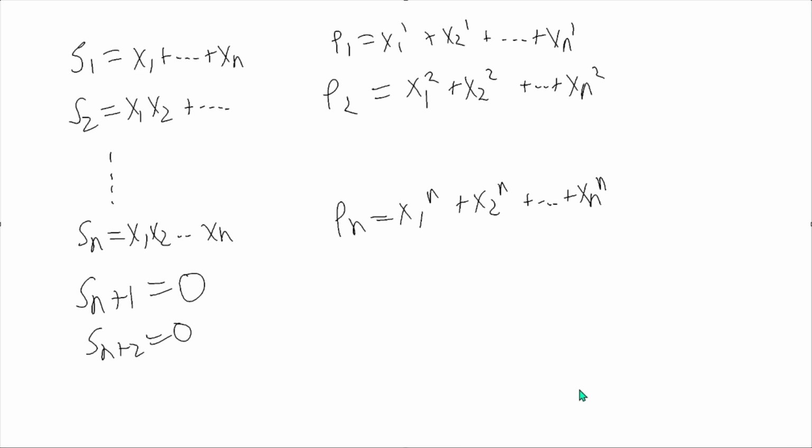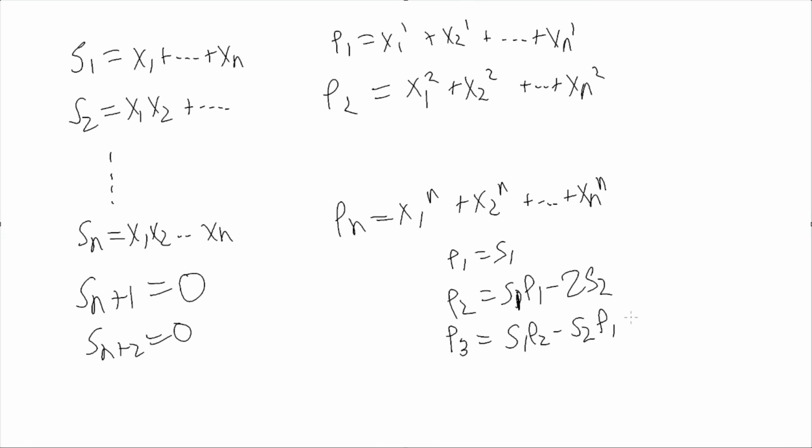Well, as it turns out, we have a very special recurrence. So we have P1 is equal to S1, well duh. Then we have P2 is equal to S1 P1 minus 2S2. Then P3 is equal to S1 P2 minus S2 P1 plus 3S3.